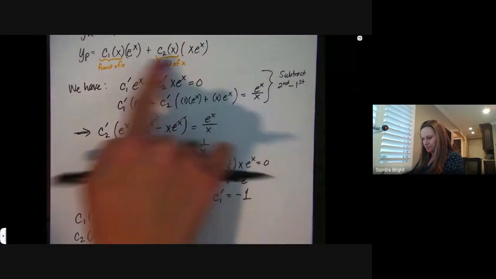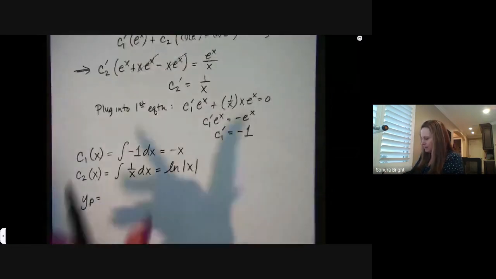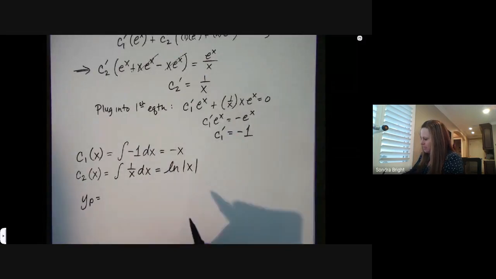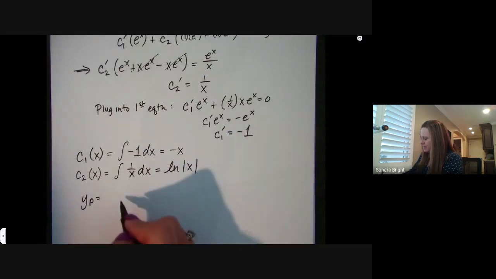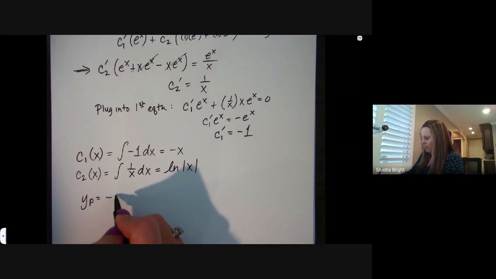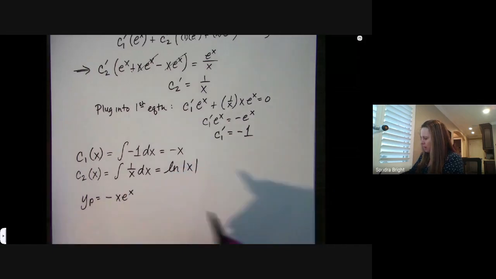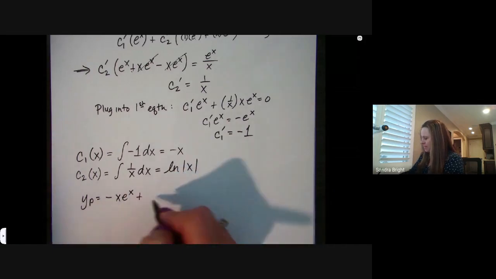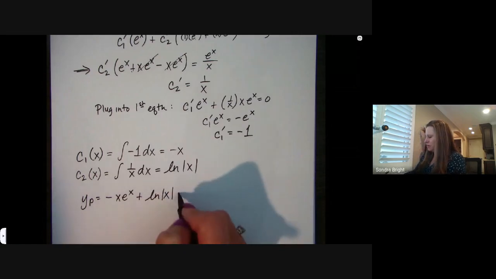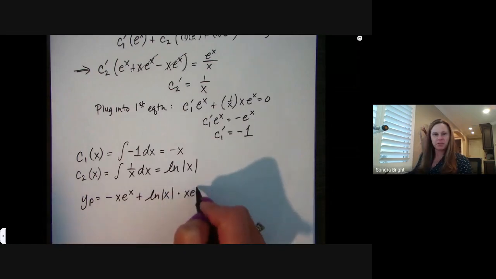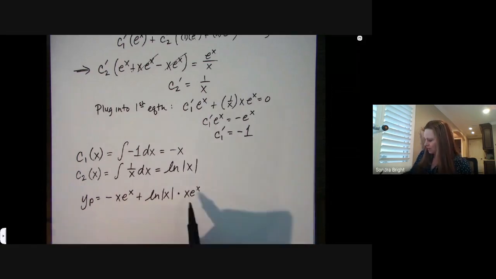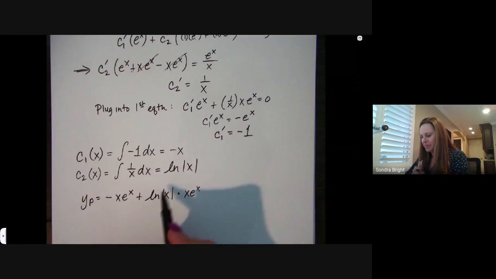So I've got that the particular equation is negative x times e to the x plus the natural log of the absolute value of x, and then times x times e to the x. And of course, I'm going to put that in front because that bugs me. It looks ugly. Does not look right.